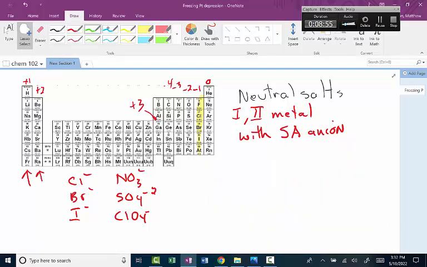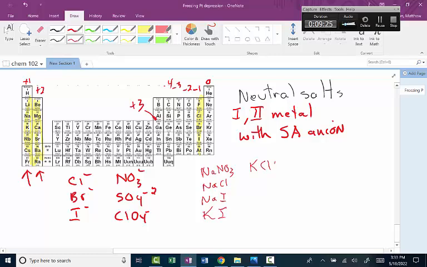It has to have the metal from the same two columns, the 1A and the 2A over here. It has to have a metal from them and an anion from a strong acid. So examples of these would be sodium nitrate, sodium chloride, sodium iodide, potassium iodide, potassium perchlorate, and I'm just picking metals from here and figuring out the charge, calcium perchlorate.